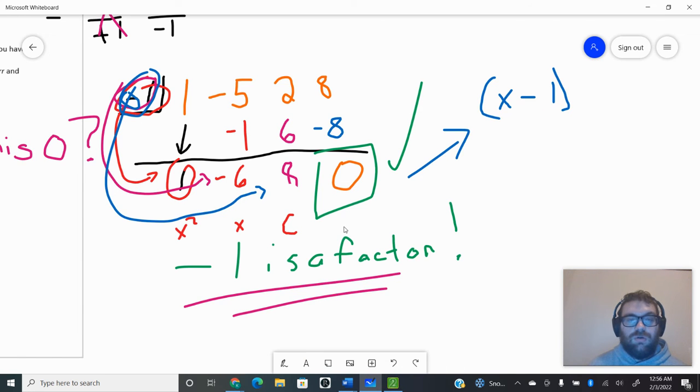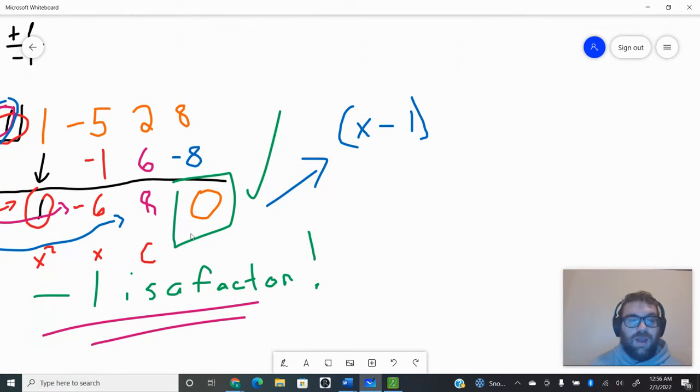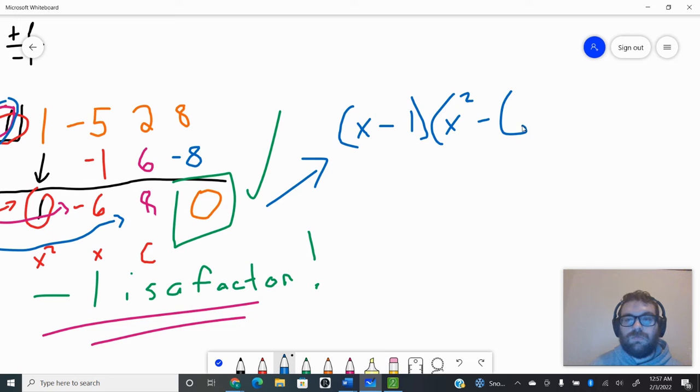And then what did we get over here? 1x squared minus 6x plus 8. So this is what we just factored, and now we'd work to factor this.